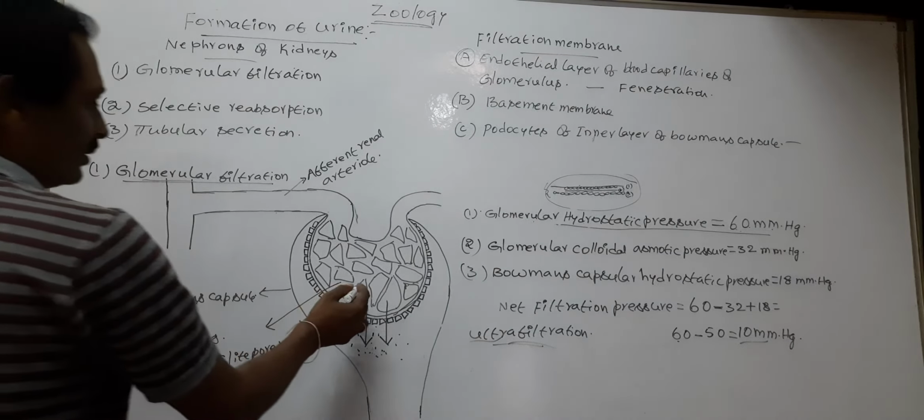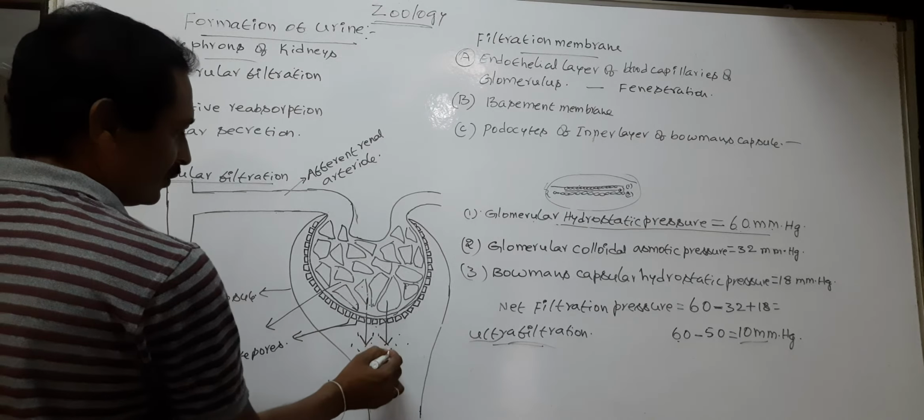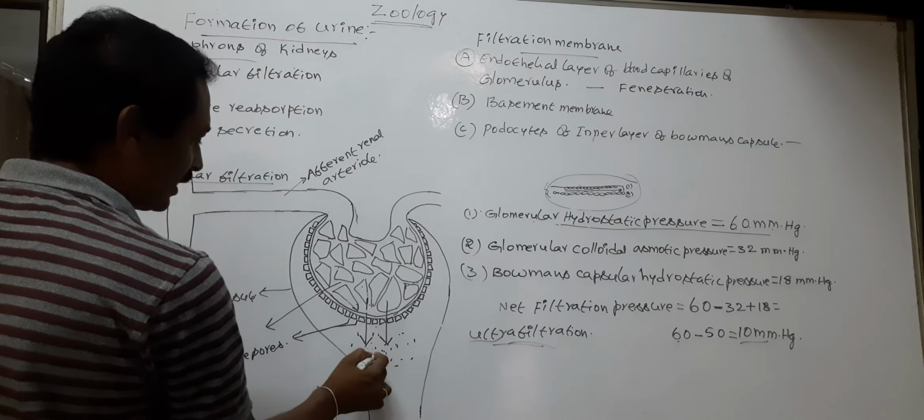So the blood filtered from glomerulus into lumen of the Bowman's capsule.